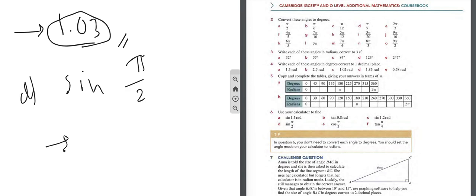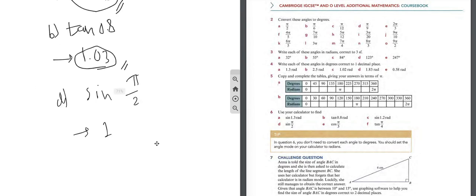Oh, sorry, it's sine pi by 2, my bad. Sine pi by 2 is 1. Very simple.